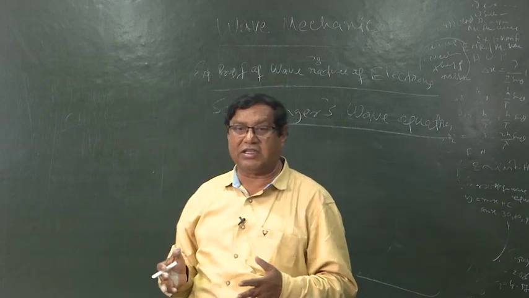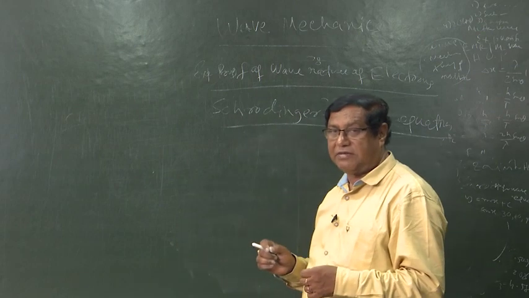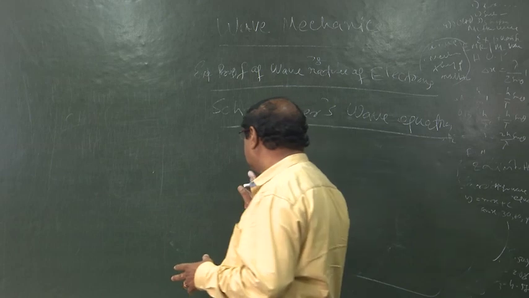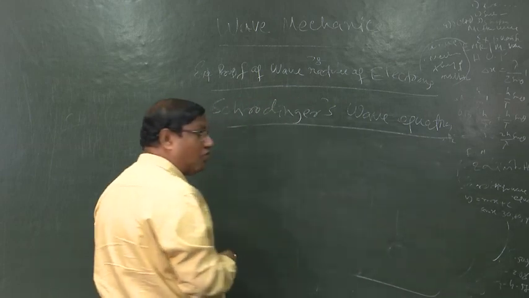What is that equation? That is the Schrodinger equation. He derived it taking the particle as an electron, so this is Schrodinger's wave equation.